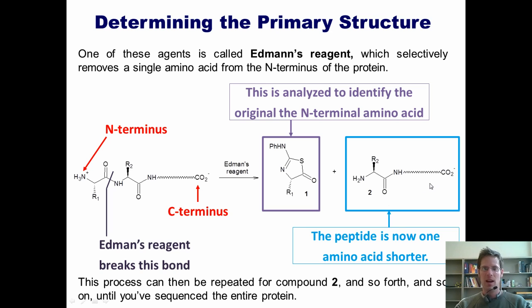Identify it. And then we can take the next product and treat it with Edman's reagent and cleave off the N-terminal amino acid of it and figure out what that amino acid was, and so on and so forth until we've sequenced every single amino acid in this entire peptide in order.